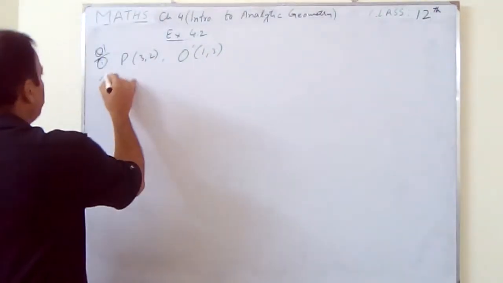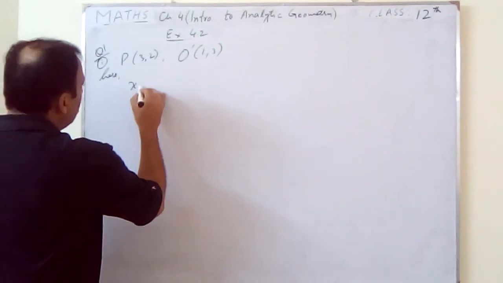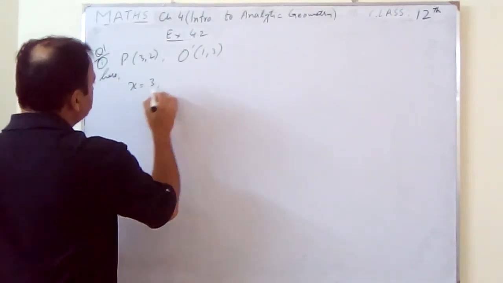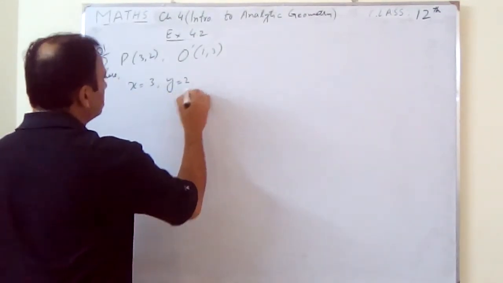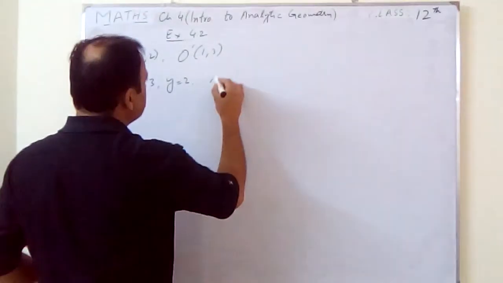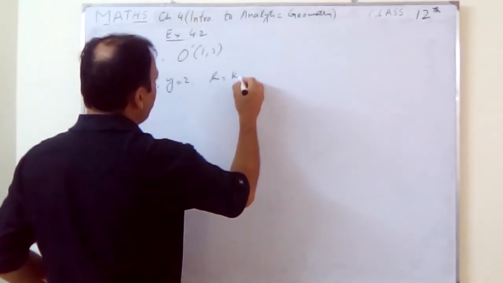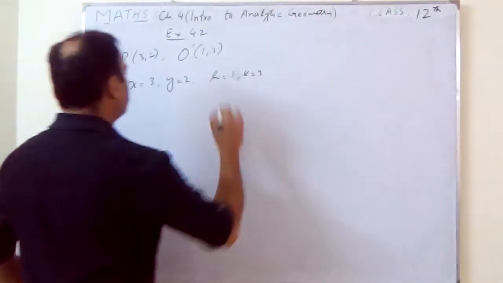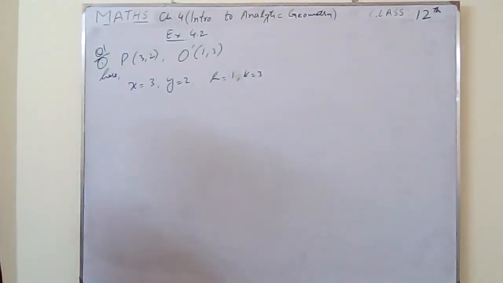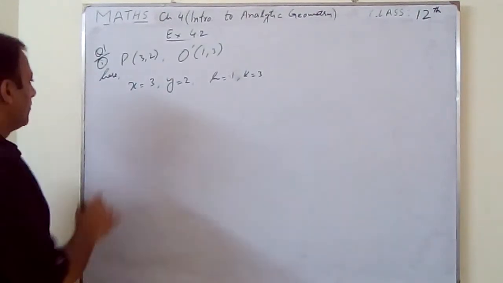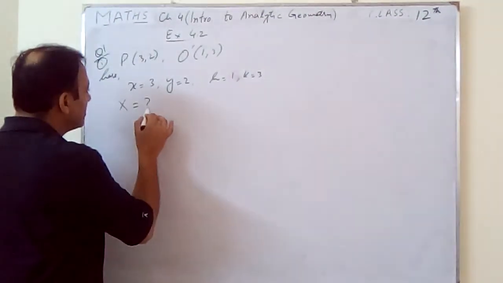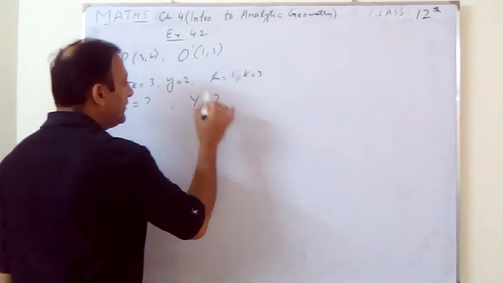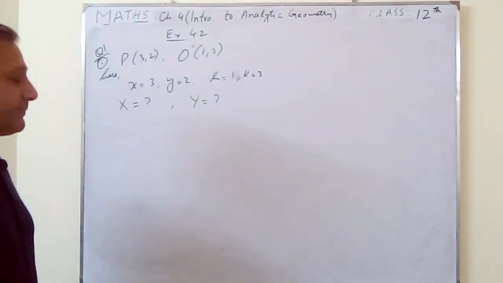Here small xy are given, and this one is h k. This is given. We have to find the coordinates of capital X and capital Y.